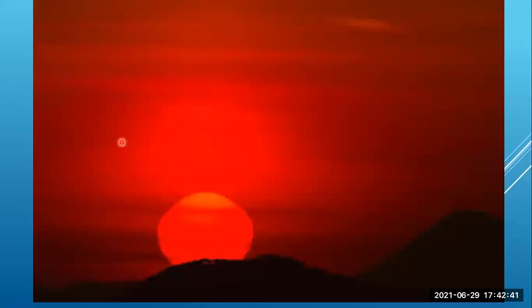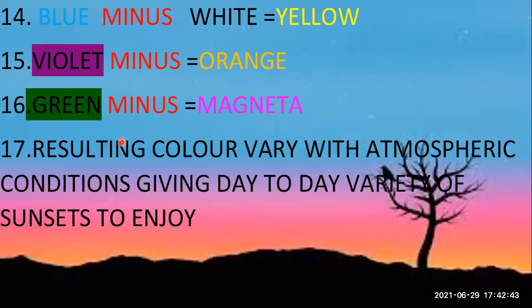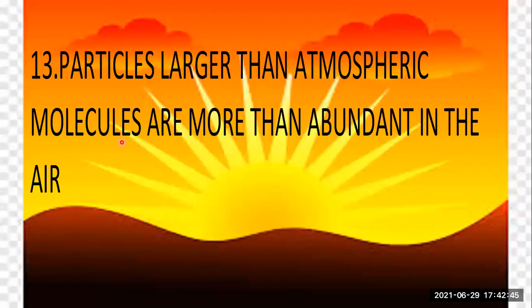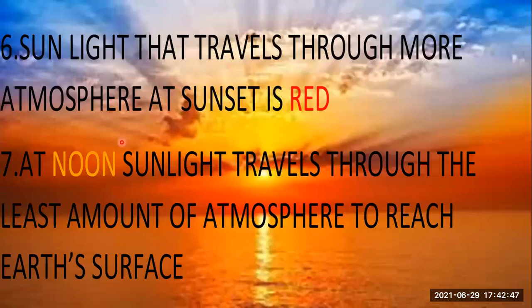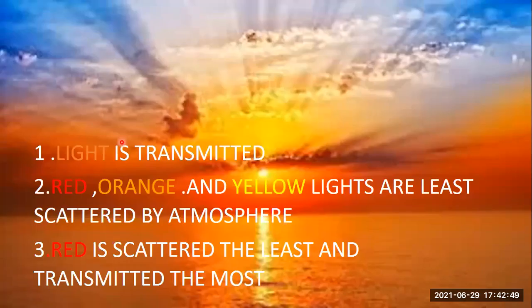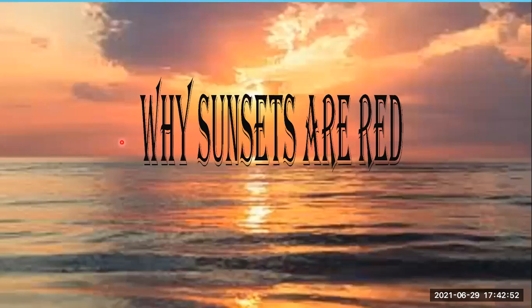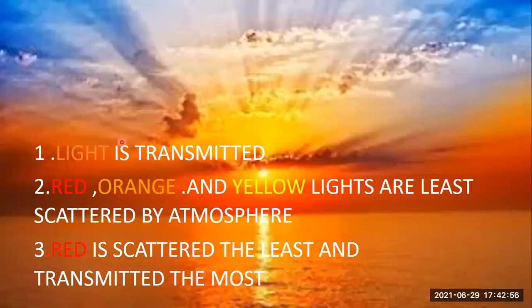These are some of the facts we have discussed in sequence. If you go back from the start, you will understand how the colors are formed. Our question was why sunsets are red. We started with the facts about which color is transmitted the most and scattered the least. Red is scattered the least and transmitted the most.